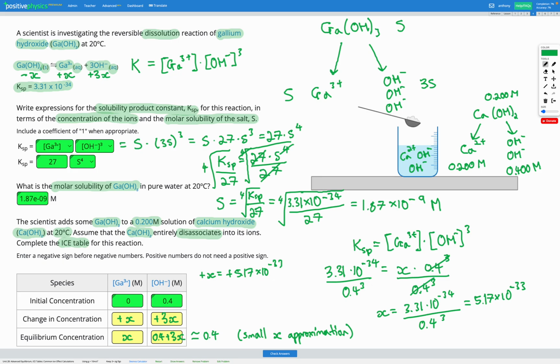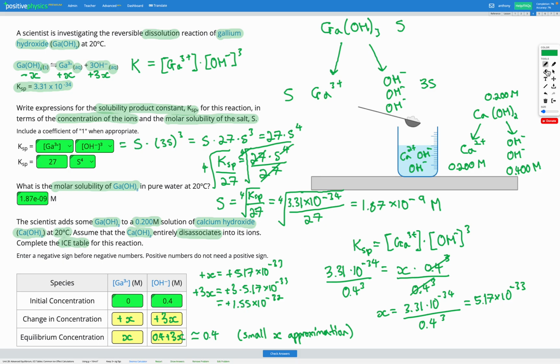For hydroxide, we have plus 3x, which is going to be plus 3 times 5.17 times 10 to the power of negative 33. When we put that into our calculator, we get positive 1.55 times 10 to the power of negative 32. So that's going to be our change for hydroxide.